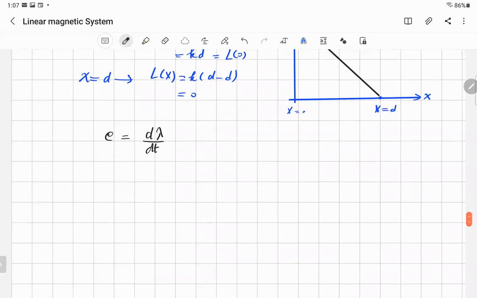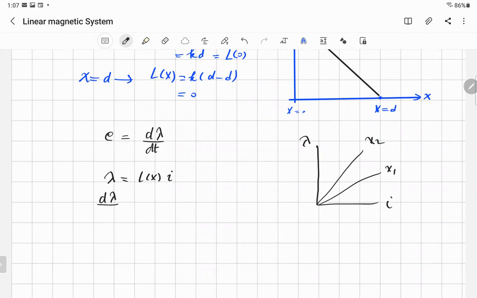Remember that lambda versus I can have many straight lines according to the displacement or the air gap, for example at X1 and X2. So we say that lambda is equal to L of X times I. I want to find the differentiation of lambda with respect to time.